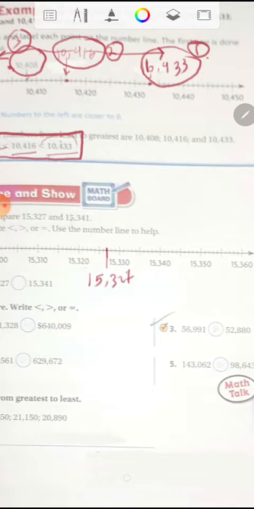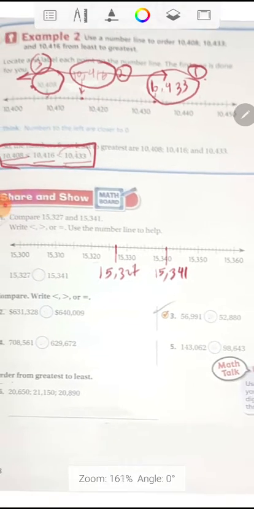It will be 15,341. So this is 40, this is 41. So this is the second number, 341. So which one is the greater number?